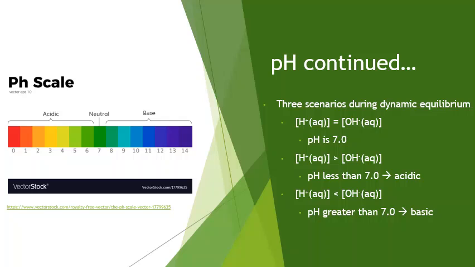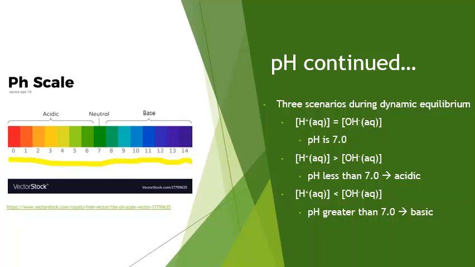So as you can see here, the pH goes from 0 all the way to 14. And what this is basically sharing is how many hydrogen atoms there are compared to hydroxide atoms, or OH atoms.